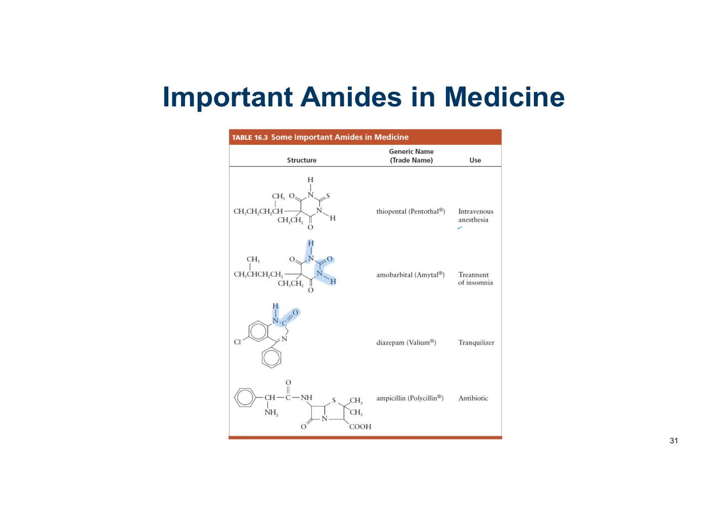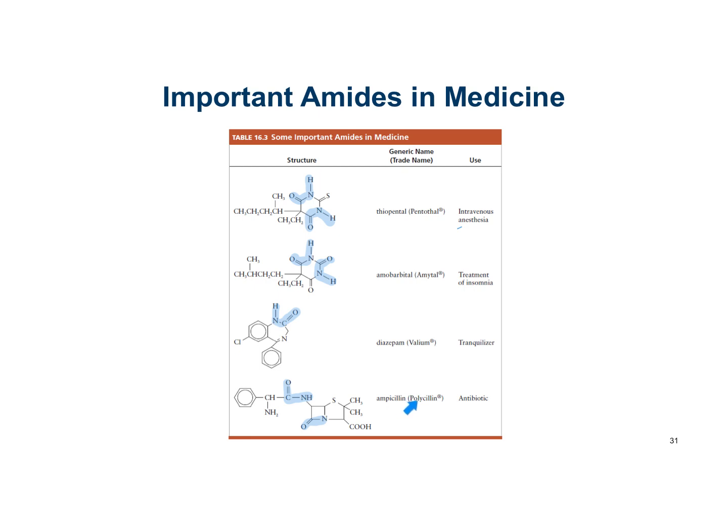There's an amide functional group here and here. Here would be an example of an amide functional group. Here is an example of an amide functional group. Here is an example of one. If we look at those functional groups, you can see how these amides play a part in many of our medicines. And so these are the generic name and then the trade name, and then this is what they're used for.